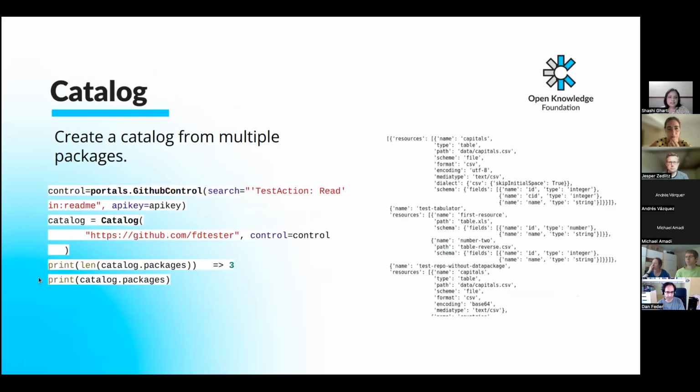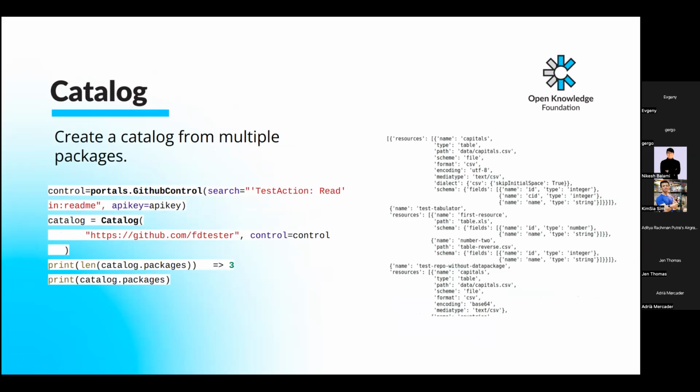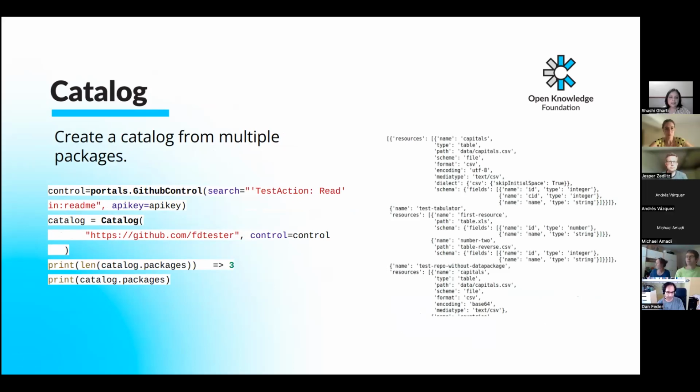And the second one is the catalog, creating a catalog of the packages. The first function would read the package from one repo only, but this function allows us to create the list of packages from multiple repositories. So each repository will be taken as one package, and it will create the list and return it as a catalog.